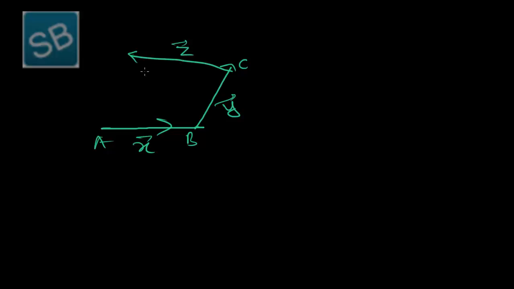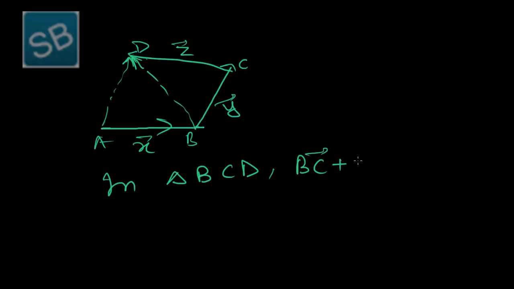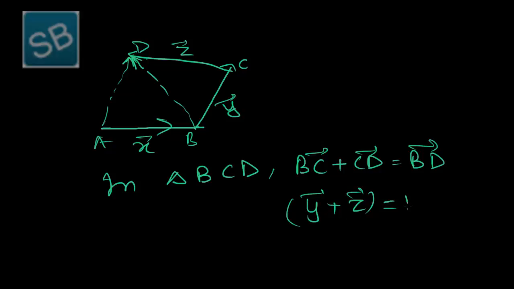So first of all we join B and D and A and D. So if we see, we get here in triangle BCD, BC plus CD vector gives BD vector by triangle law, that is y plus z gives the value of BD. So BD is vector y plus z.